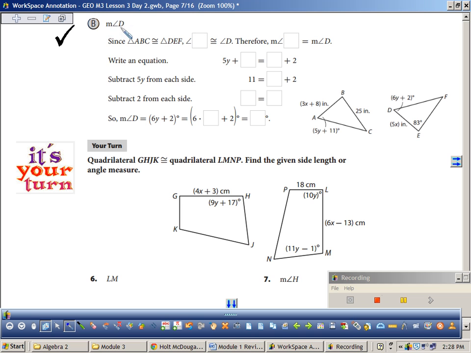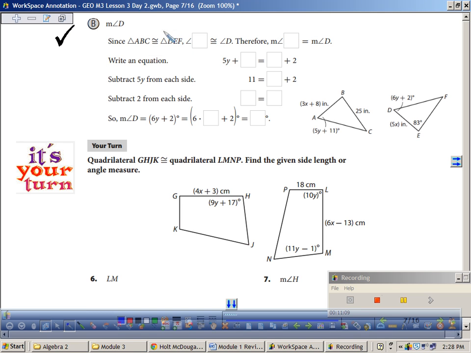Okay, it says I need to find the measure of angle D. So it tells me, since I know triangle ABC is congruent with DEF, then, let's not skip steps, that tells me angle what is congruent with angle D? If D is in the first place, then A is in the first place.